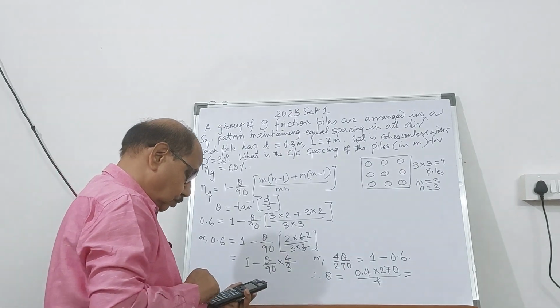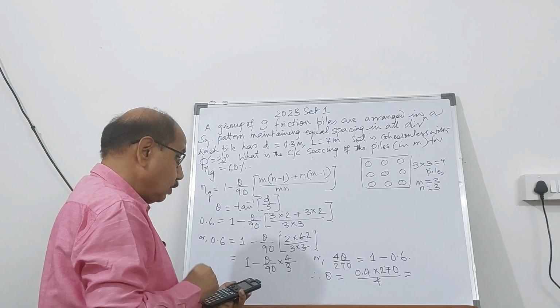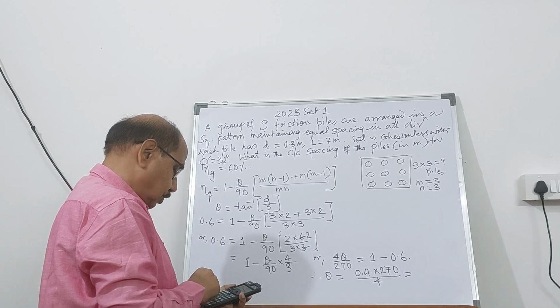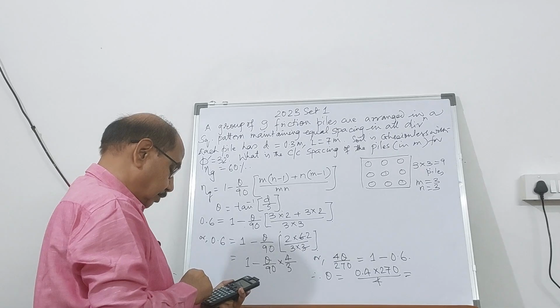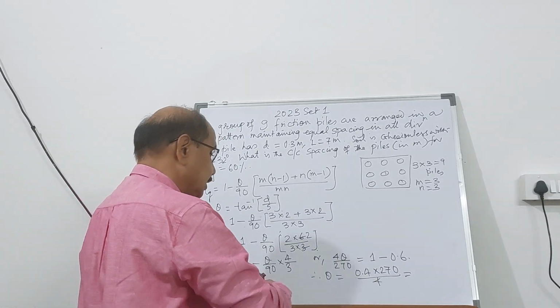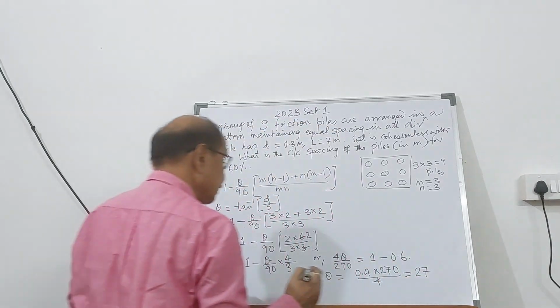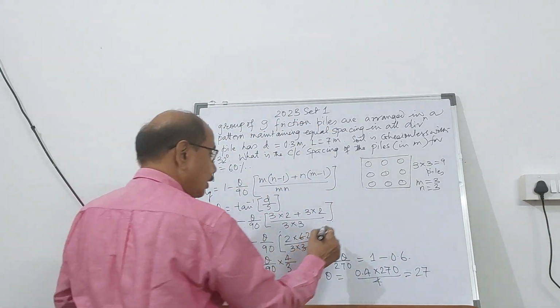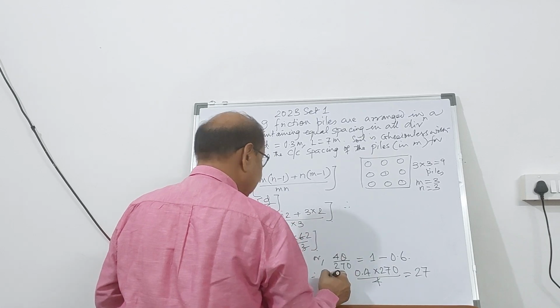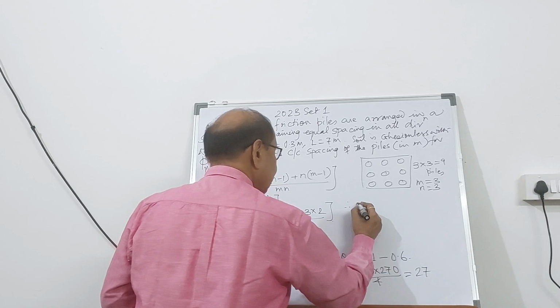So let us calculate 0.4 into 270 divided by 4. This value we are getting as 27. Therefore, we can say theta is going to be tan inverse d by s.